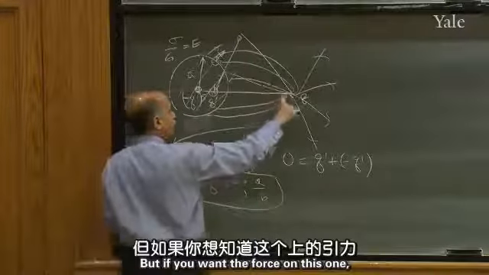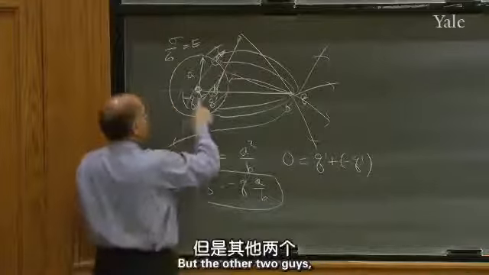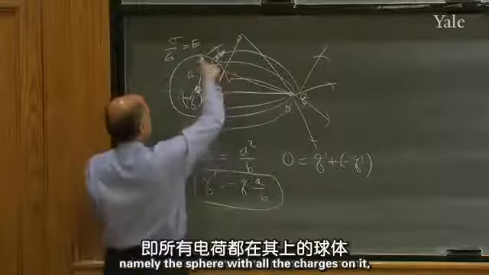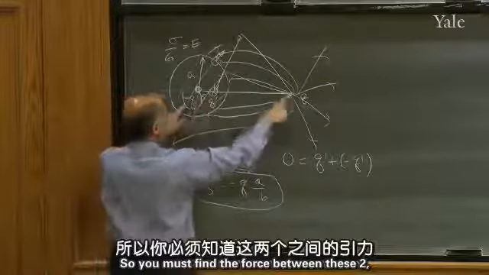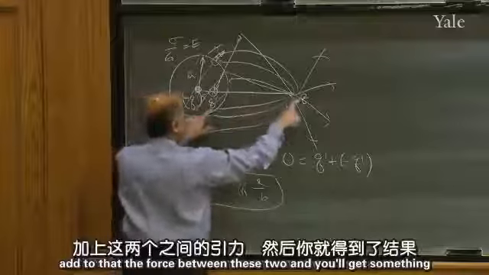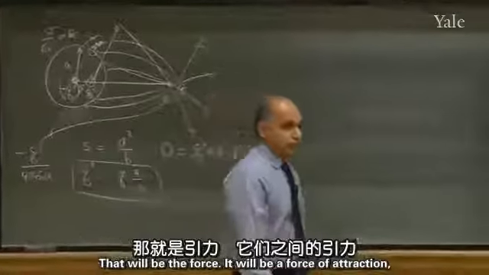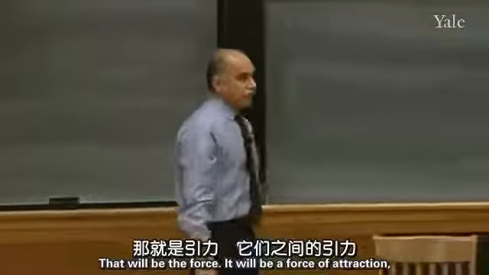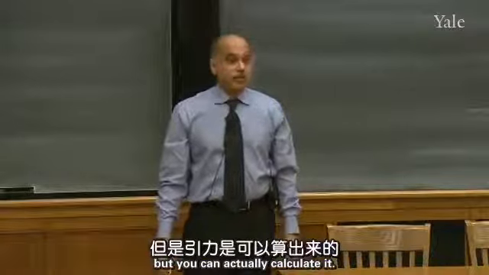But if you want the force on this one, you should only find the field due to the other two guys. But the other two guys, namely the sphere with all the charges on it, is simply equal to 2 point charges. So you must find the force between these two, add to that the force between these two, and you will get something. And that'll be the force. Okay, it'll be a force of attraction, but you can actually calculate it.